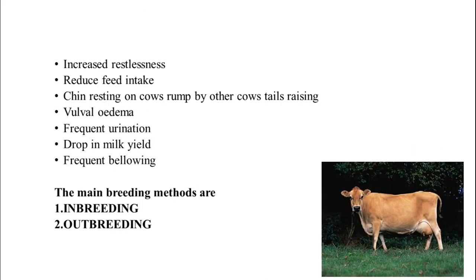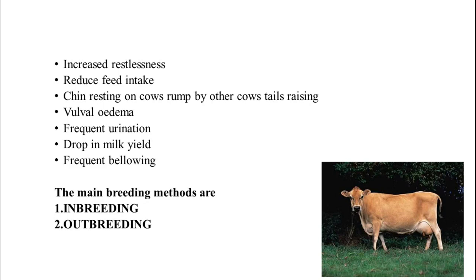You can observe increased restlessness among these cattle and buffaloes. They don't take their regular feed. Sometimes these cows and buffaloes rest their chin on the rumps of other cows. Sometimes they raise their tails. Also, you can observe edema in the region of the vulva, and frequent urination.